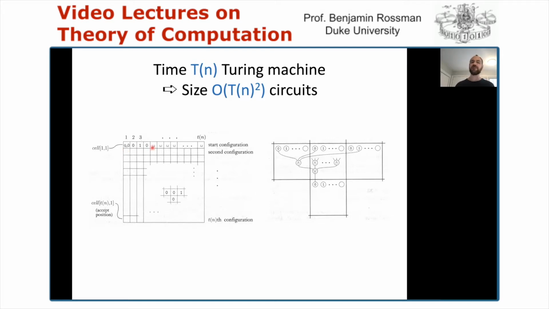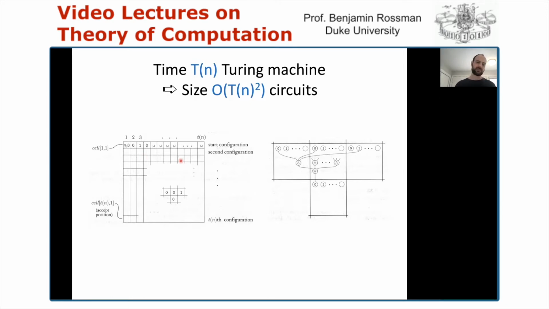Initially, the first n cells will contain the input X, followed by blank symbols out to column T of n. And the first cell will also contain the initial state Q0, indicating that the tape head is at the leftmost location in its initial state.